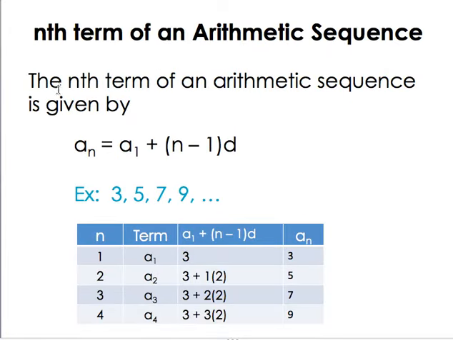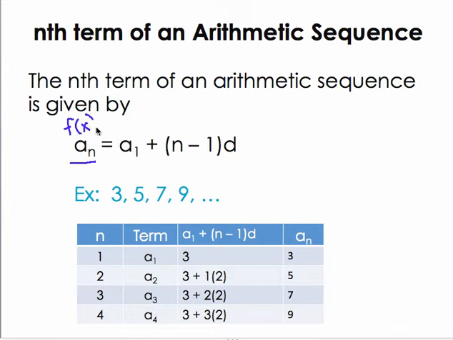Actually, before we do the example, we'll talk about the formula for finding the nth term of an arithmetic sequence. It's given by this formula: a sub n is equal to a sub 1 plus n minus 1 times d. And this is actually more or less the formula for a linear function.